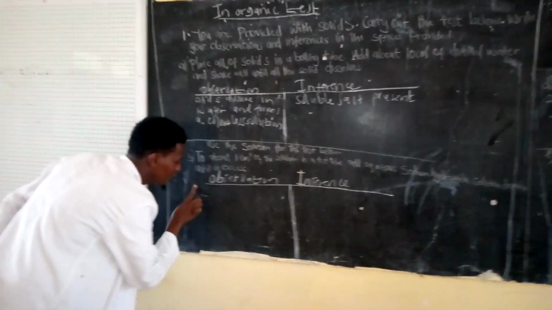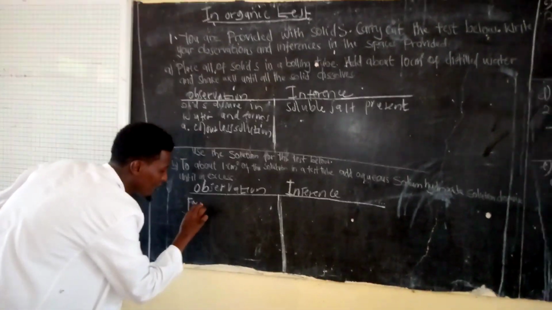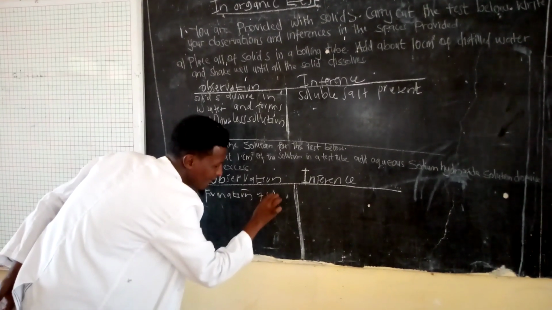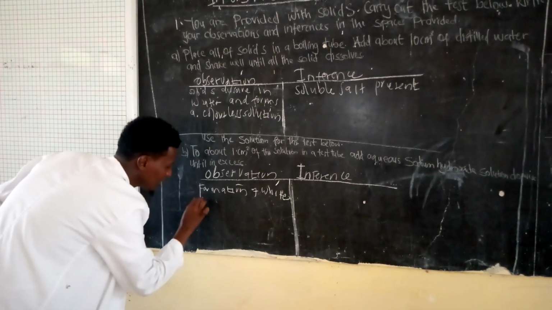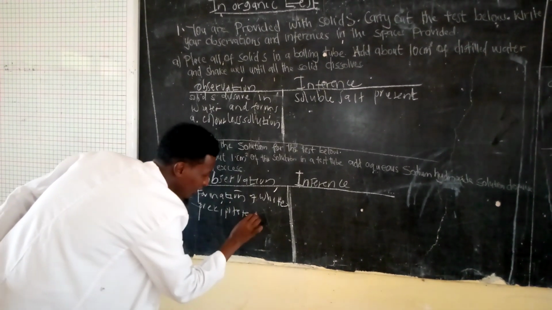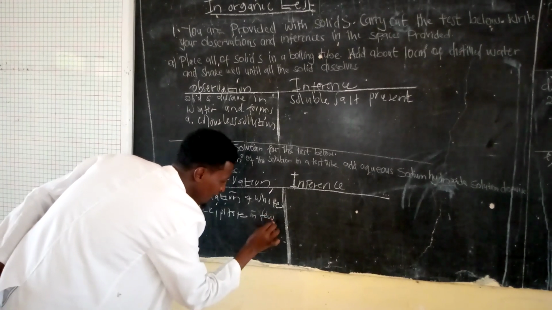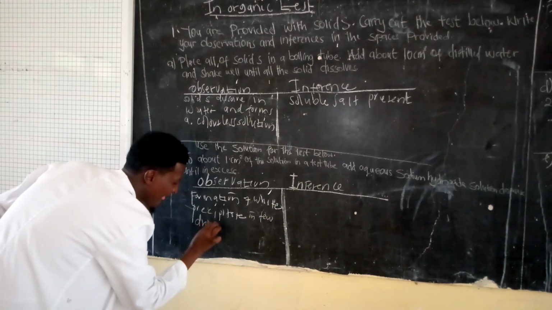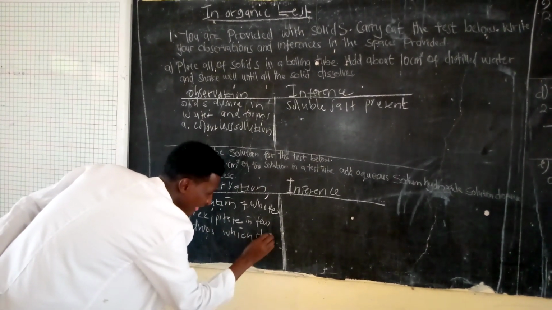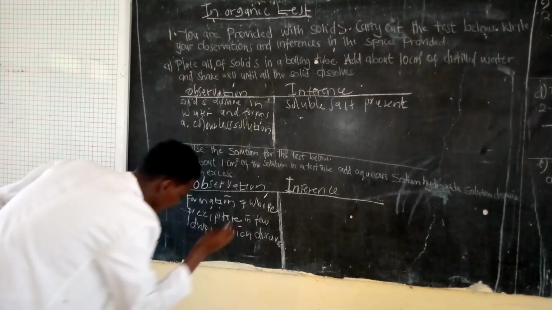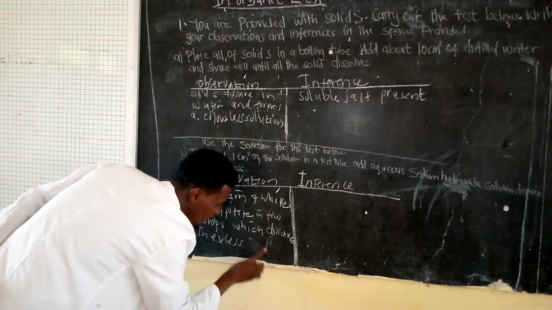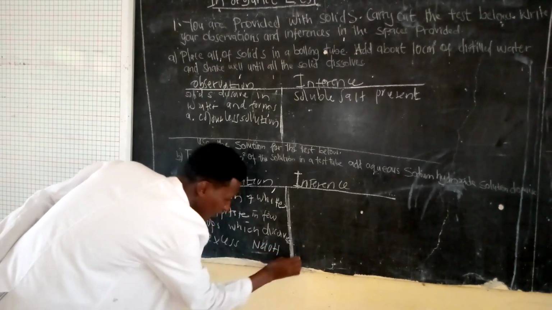White precipitate formation of white precipitate in few drops, which dissolves in excess sodium hydroxide.